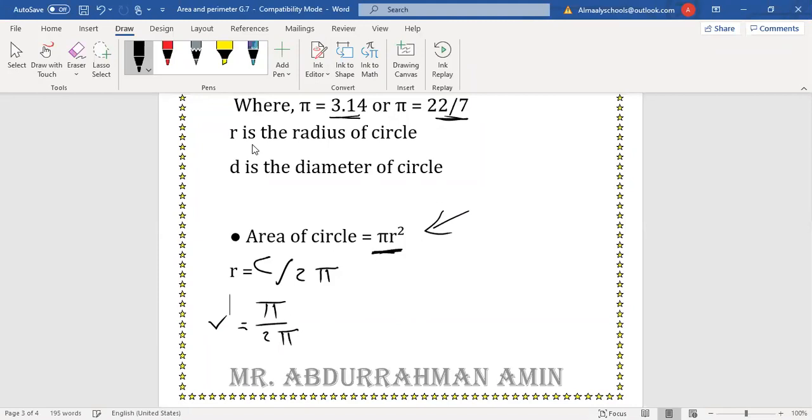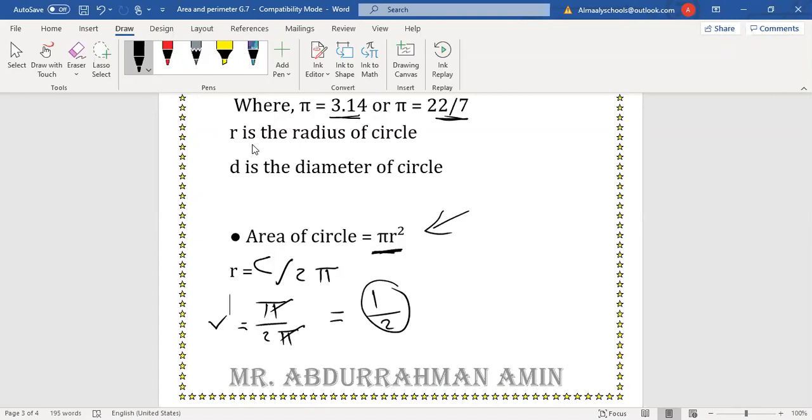This is the radius of the circle. Pi divided by 2 pi, we can simplify by dividing by pi. Pi divided by pi equals 1, and 2 pi divided by pi equals 2. So it will be 1/2.